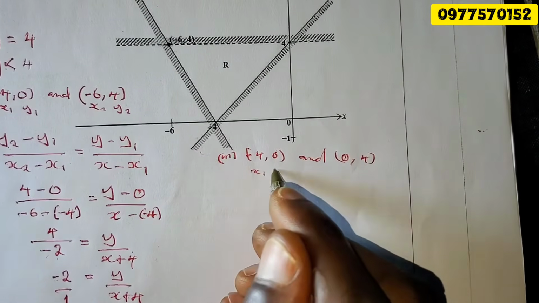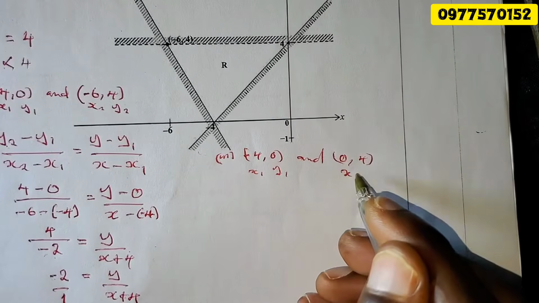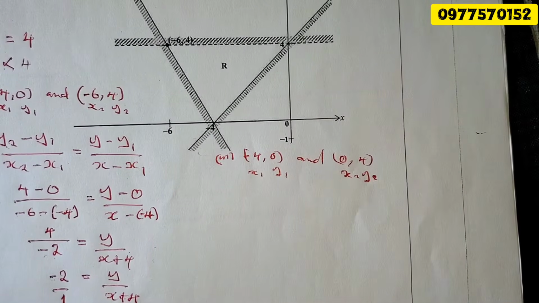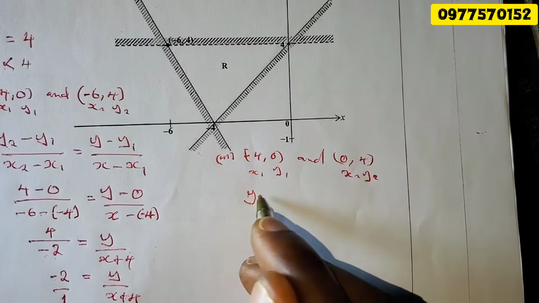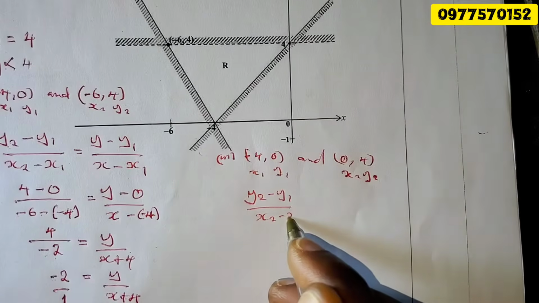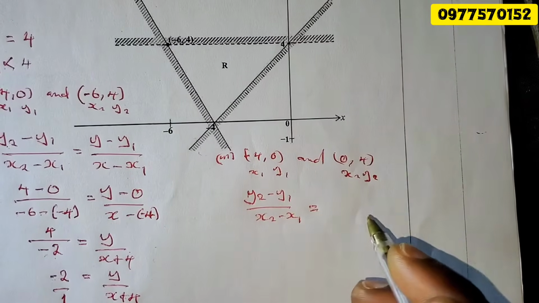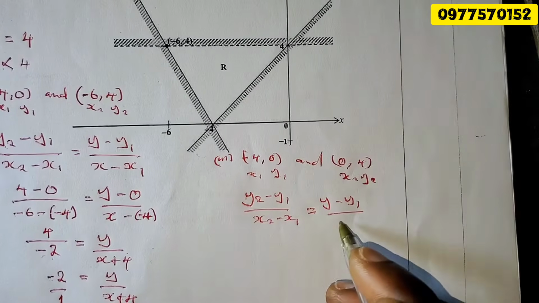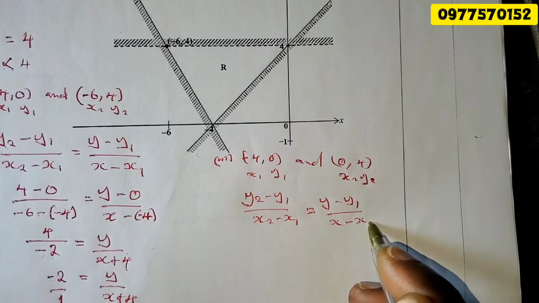This is x1, this is y1. This is x2, this is y2. The formula is just the same. y2 minus y1 over x2 minus x1 is equal to y minus y1 over x minus x1.